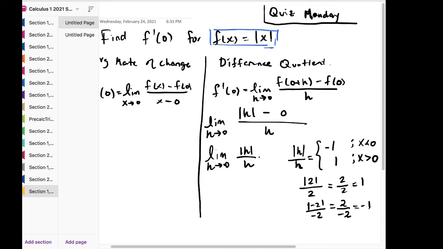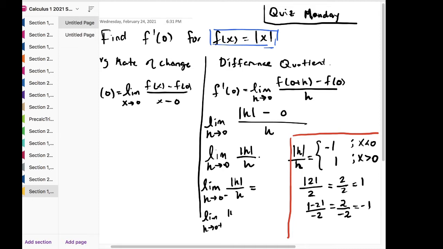Okay, so in this case, what's the answer to the limit? Right, it does not exist. And why is that? Because you look at the limit from the left and the limit from the right. Can someone tell me what the limit from the left is? -1, right?